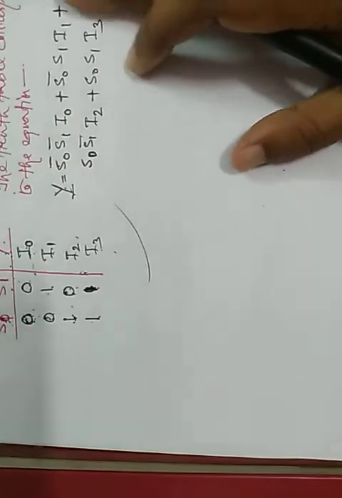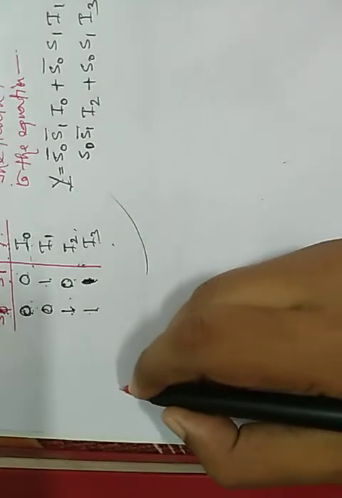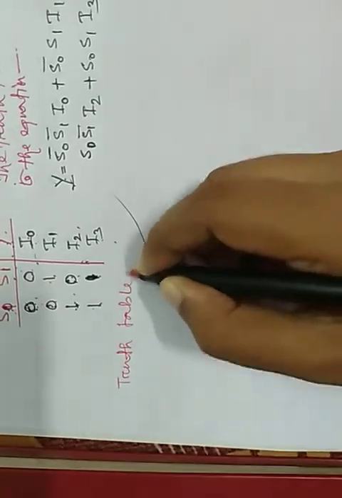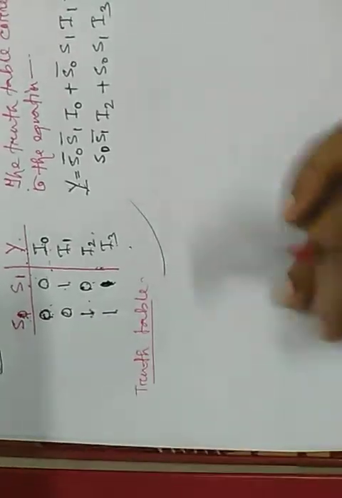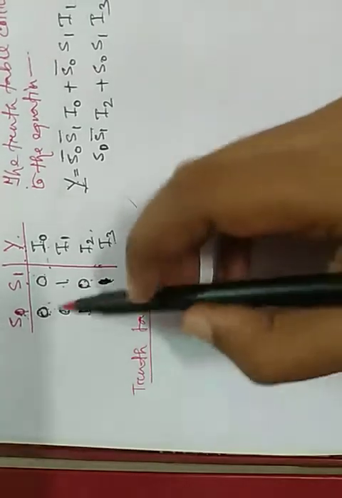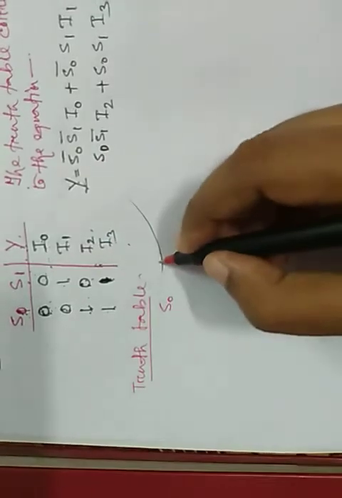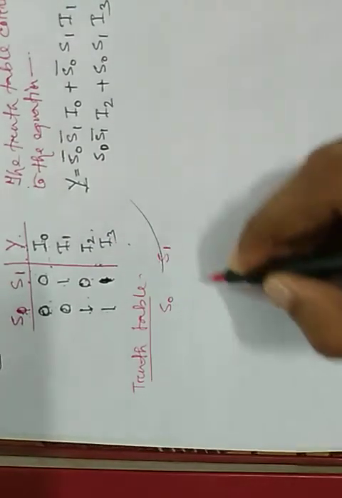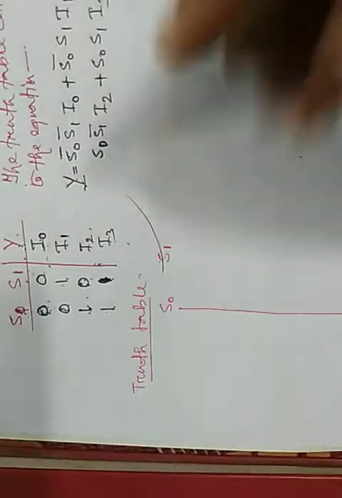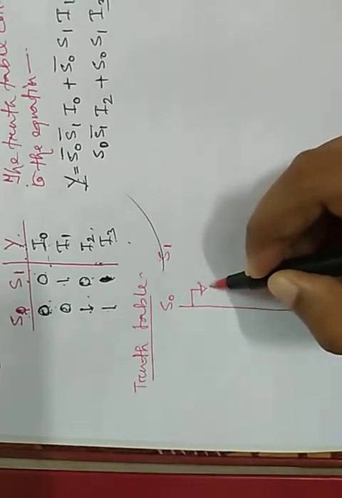Now let us draw the logic circuit, then you could understand it easily. There are two selection lines S0 and S1, and the value of S0 is 0 or 1, and the value of S1 is also 0 or 1.